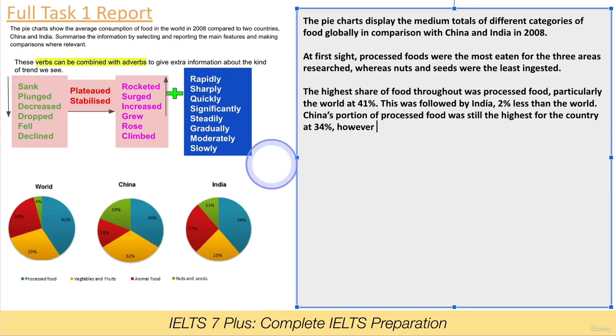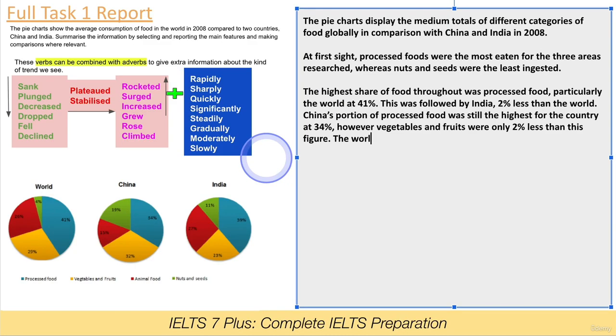However, vegetables and fruits were only 2% less than this figure. Okay, so they were 32%. Okay, let's go into more vegetable and fruits.